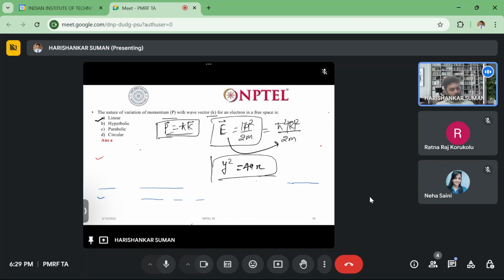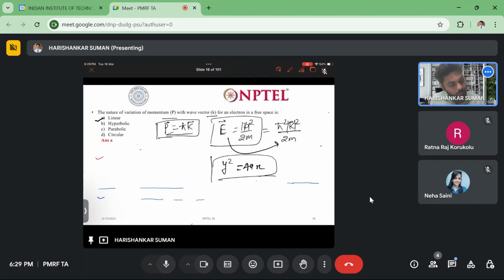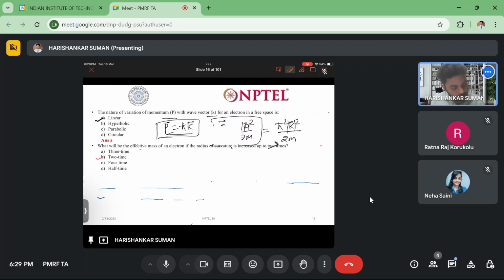What is this question in mathematics? Parabolic. So this is the relation. I think we have discussed.